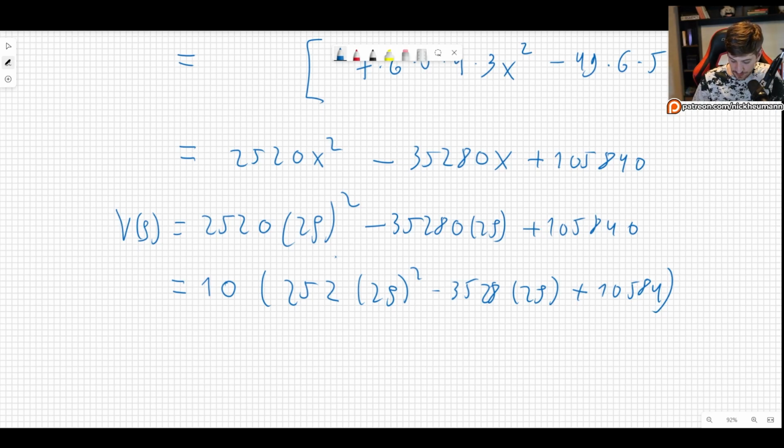So 105,840 divided by 16, that's not a whole number. So perhaps by 8, so 105,840 divided by 8, that is a whole number. So let's factor out 8. So that would give us 10, and then this is 1,323. And then factoring out 8 here is 35,280 divided by 8.